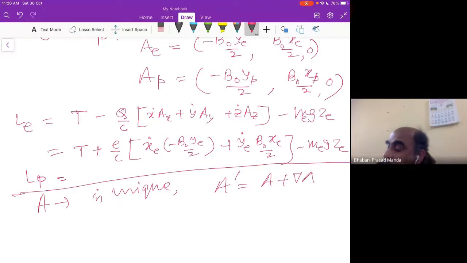That means for any arbitrary lambda, I can find an A prime which corresponds to the same magnetic field. So it is not unique. If it is not unique, then there will be many Lagrangians for the same system, right?